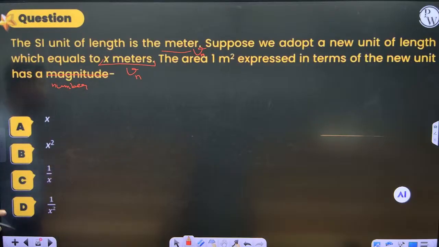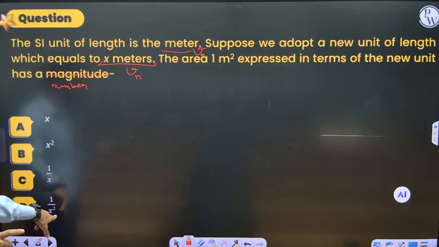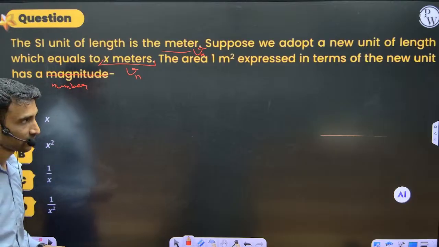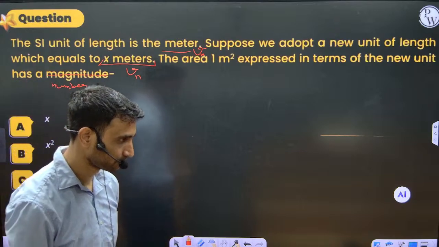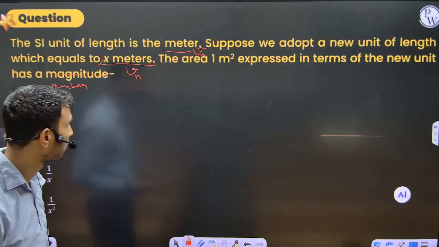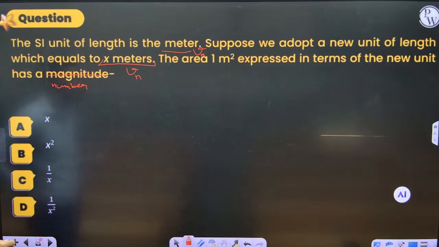Magnitude is wrong because magnitude also contains unit, but you see none of the options have units, right? So that means they are actually asking the number and not the magnitude. So the area of 1 meter square expressed in terms of the new unit has a numerical value or number of how much, right?